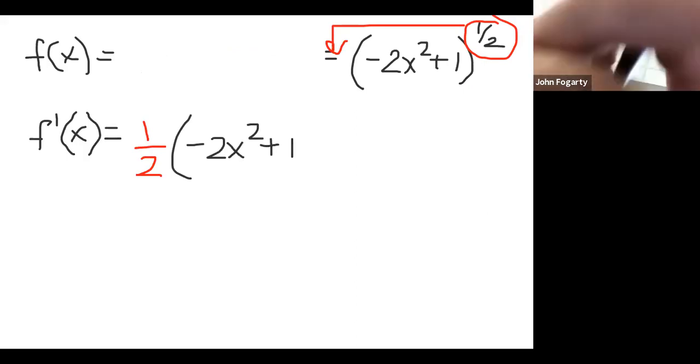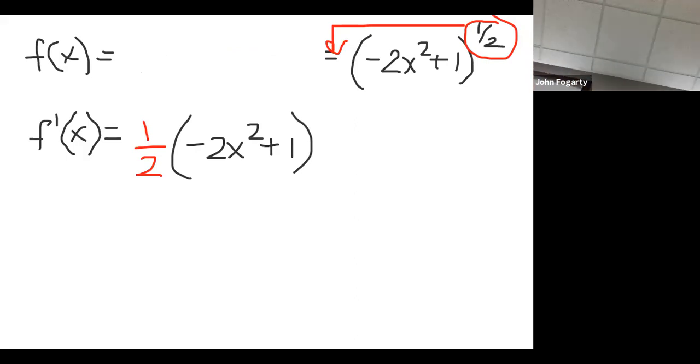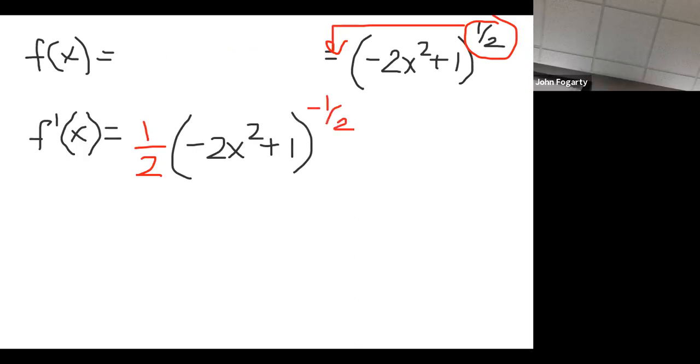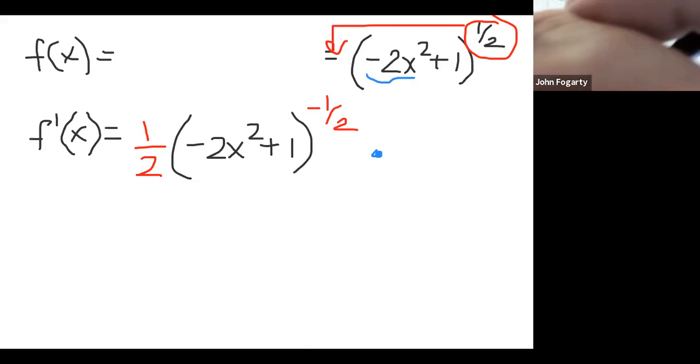And then I subtract 1 from a half. What do you get when you subtract 1 from a half? -1/2, right? And to that, I'm simply going to multiply the derivative of the inner.